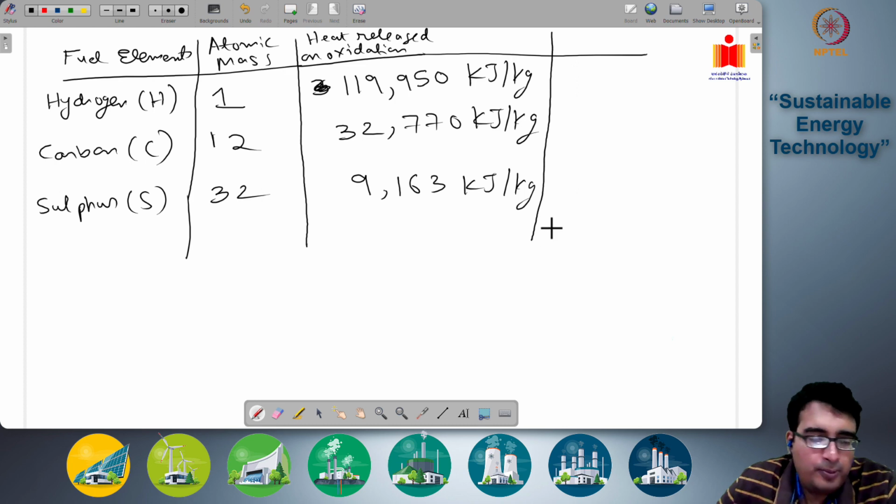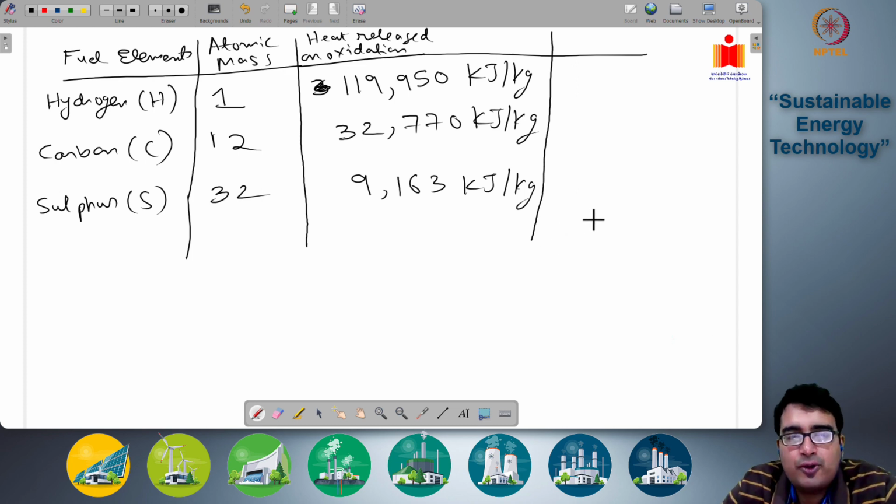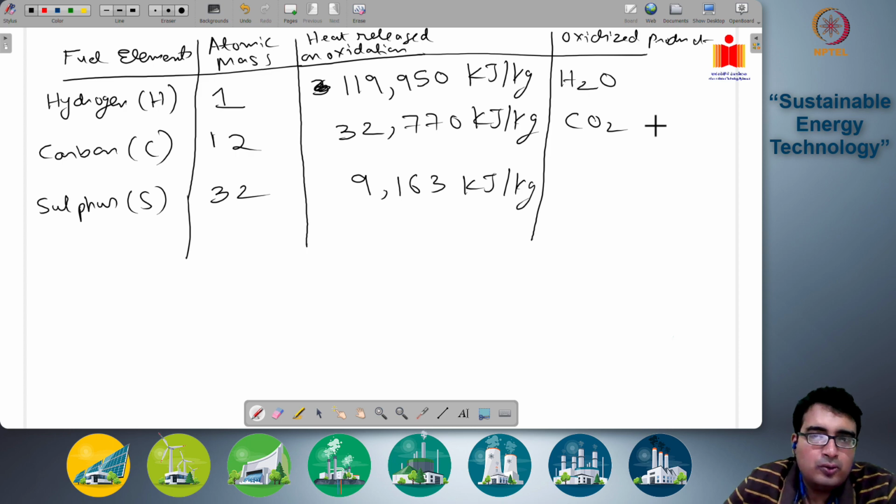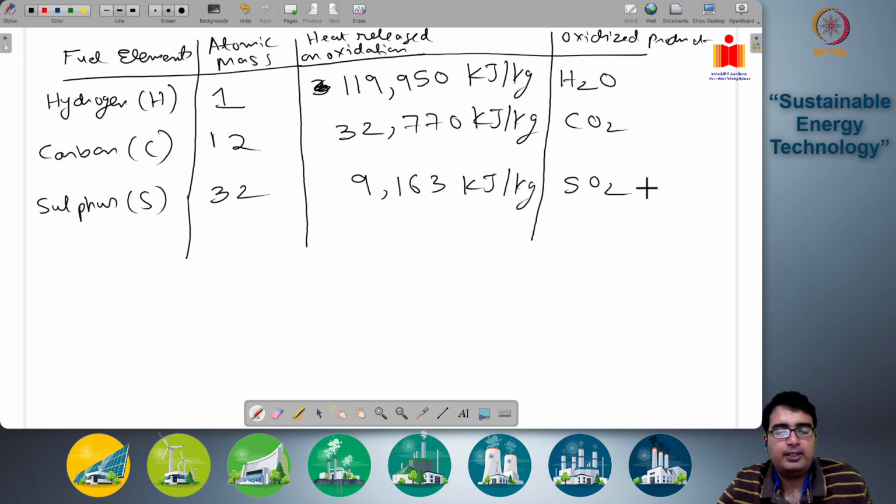And what is being formed when hydrogen is completely burnt? The oxidized products are water, H2O, CO2, carbon dioxide, and SO2, sulfur dioxide.